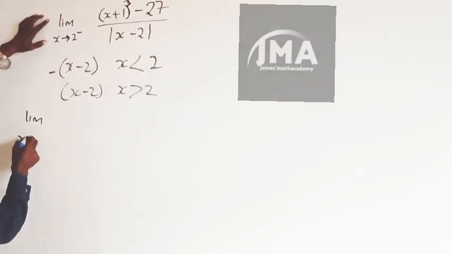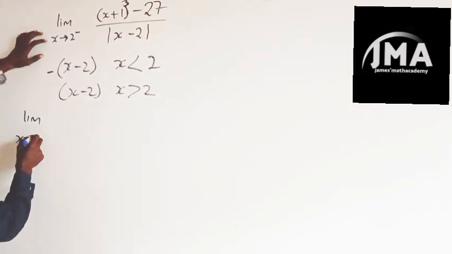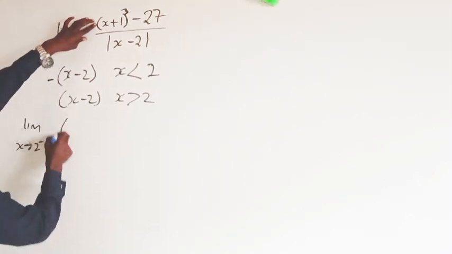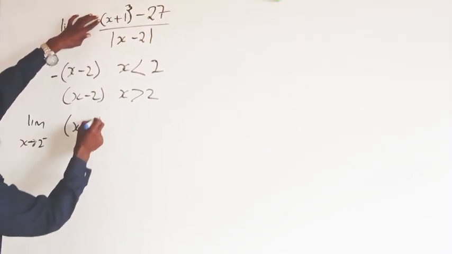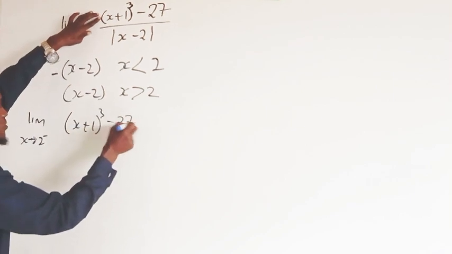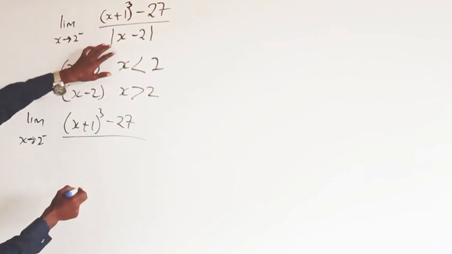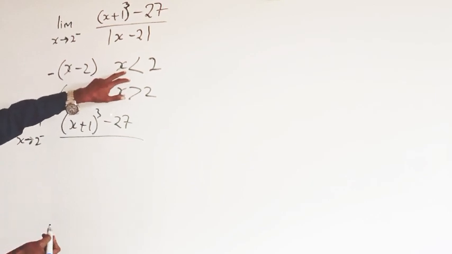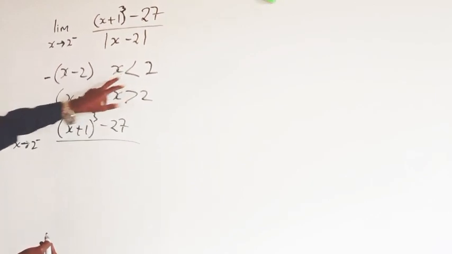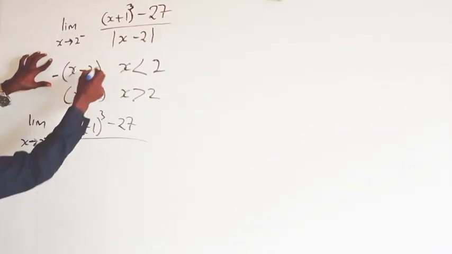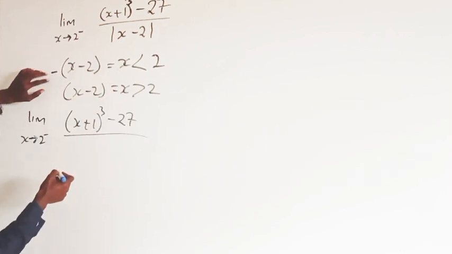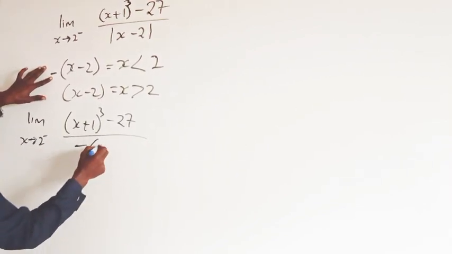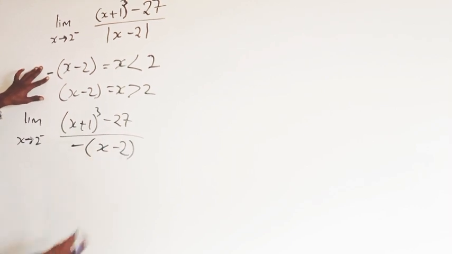So if I have to rewrite this limit, it's going to be the limit as x approaches minus 2. I'm still going to write my x plus 1, everything raised to a cube, minus 27, divided by all this as the absolute value. We are going to use this particular case because it's less than minus 2, and when it's less than 2, you're going to have minus bracket x minus 2, okay?